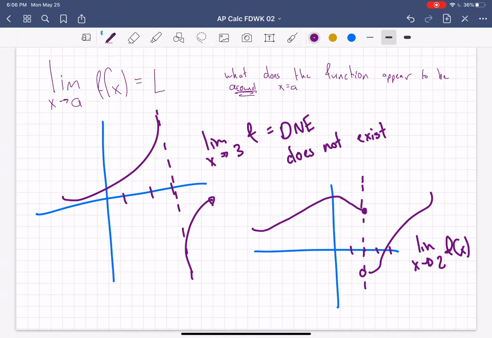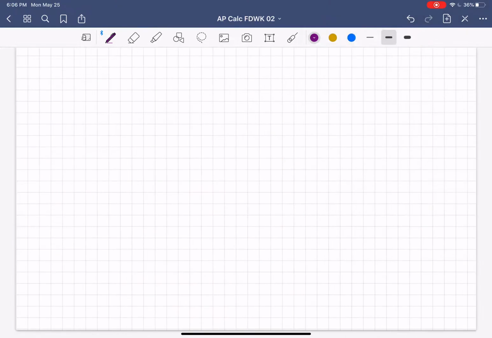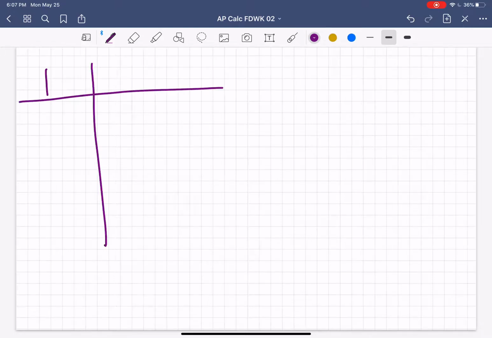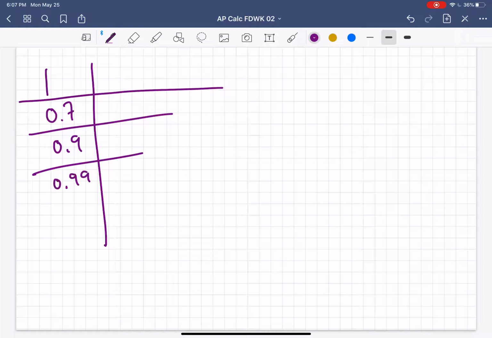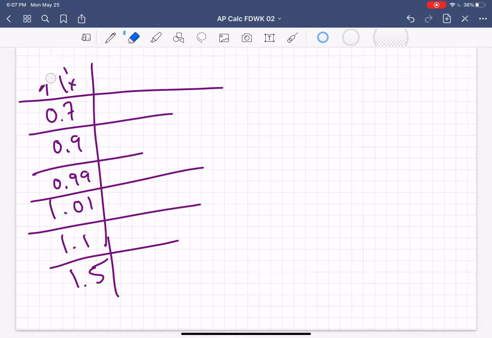So make sure you're paying attention to that. We can also see that in a table. Let's say we have x values 0.7, 0.9, 0.99, 1.01, 1.1, 1.5, and so on. Here's x, and here's f of x, and f of x would do something like this.